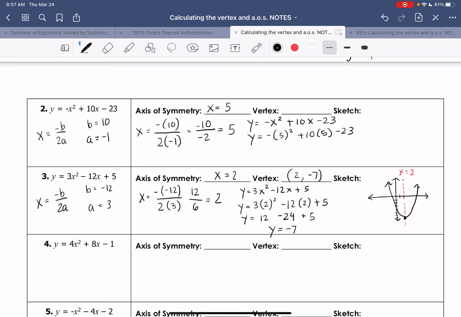Simplifying down, 5 squared is 25, so we're actually going to have a negative 25 because this negative sign is attached to the x squared in the original problem, not to the 5 that's being squared. So take note of that. Then we're going to add 10 times 5, which is 50, and then subtract 23.